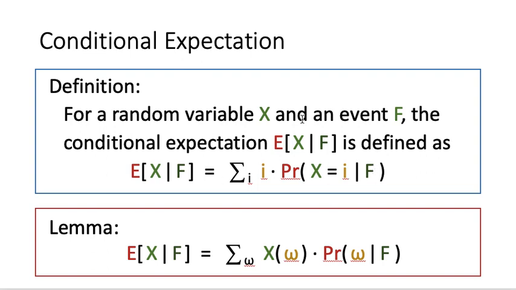Normally, the expected value of X is the average of X that we expect in the long run. Now we have a new event F that is given for free.